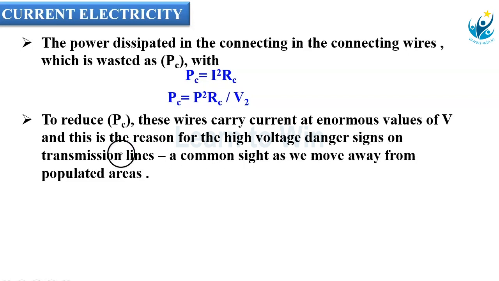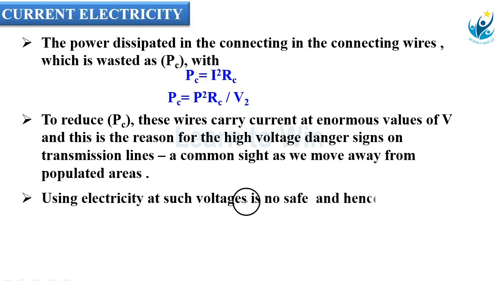Here, electric cable lines have a danger sign. Why? Because they carry current at enormous values of V. This is the reason for danger signs on the transmission lines, a common sight as we move away from populated areas.